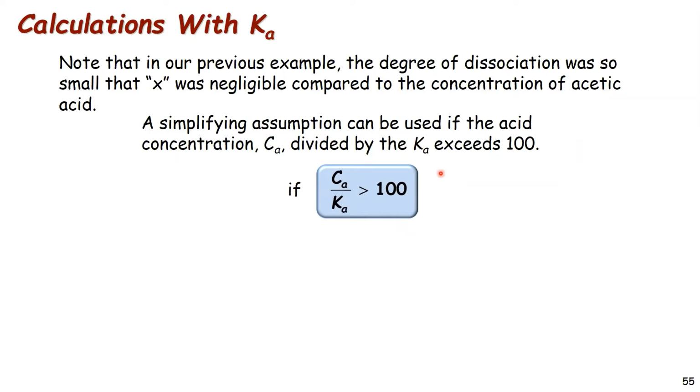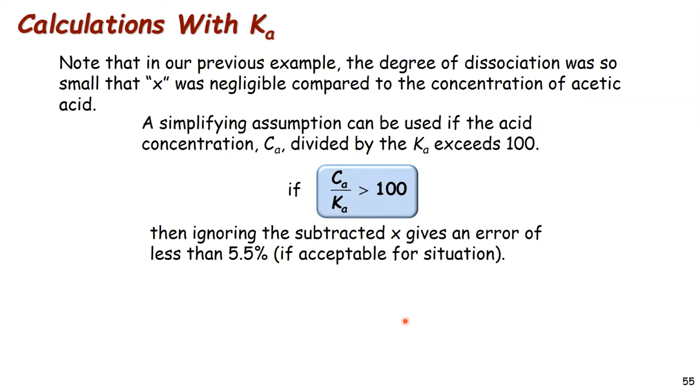Okay? So again, anytime this ratio is greater than 100, we're going to be able to ignore the minus x term. And basically, if we do that, the worst we could possibly have is a 5.5% uncertainty or error in our calculation.